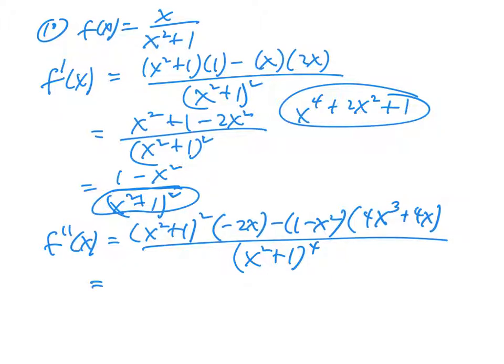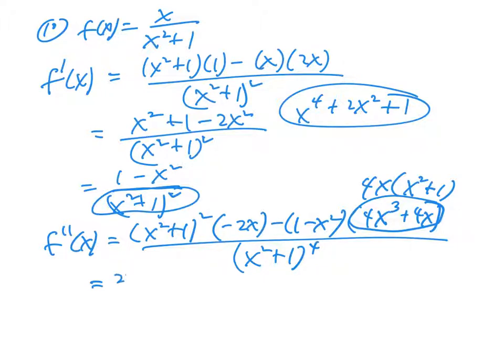Now, to figure out when this is equal to 0, that would be when the numerator is equal to 0. So what we need to do is factor the numerator. You can factor out a 4x and you get x squared plus 1. So instead of multiplying out everything, you probably want to factor now. What can be factored out?